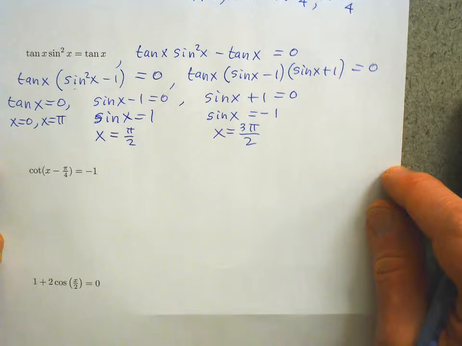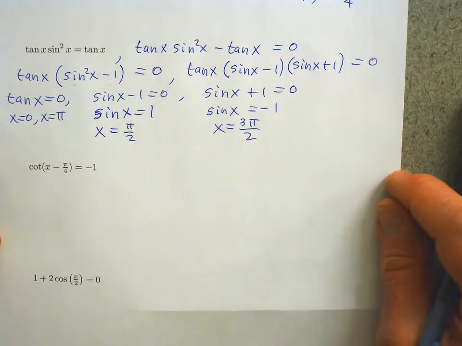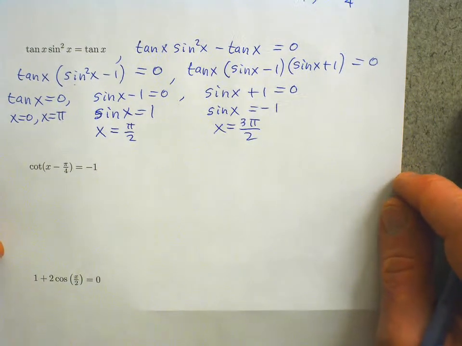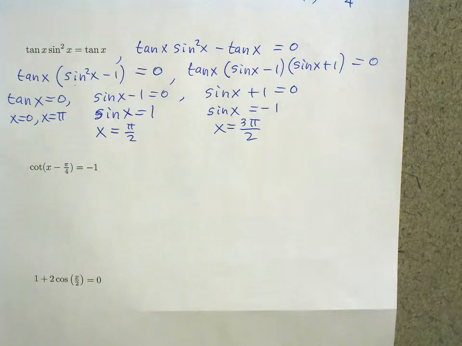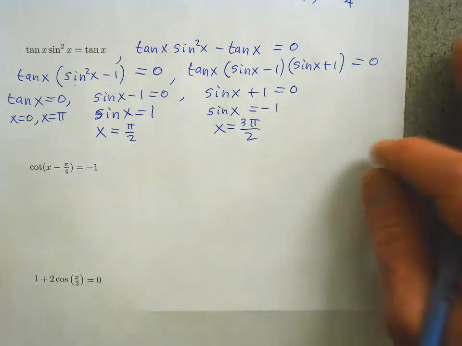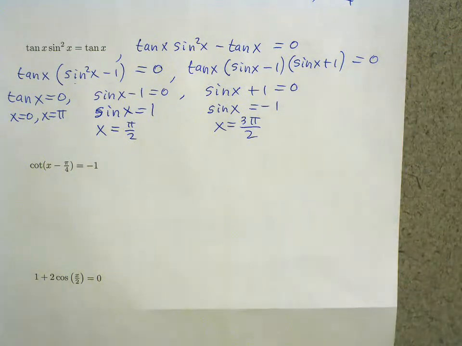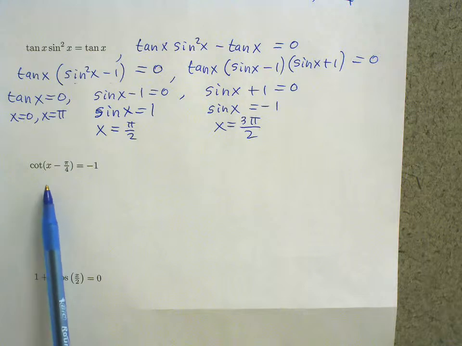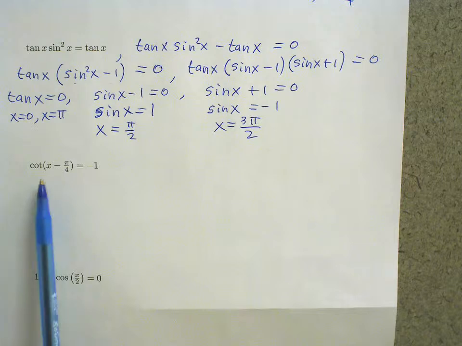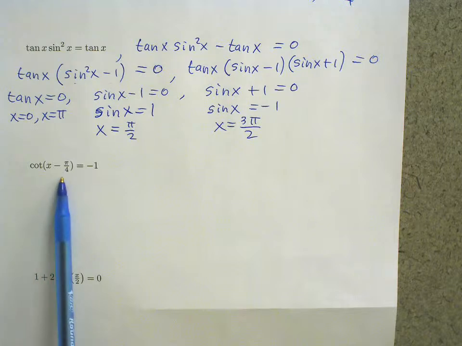Okay, the next one. This one might seem tricky. So we want to find all values of x between 0 and 2 pi such that cotangent of x minus pi over 4 equals negative 1.